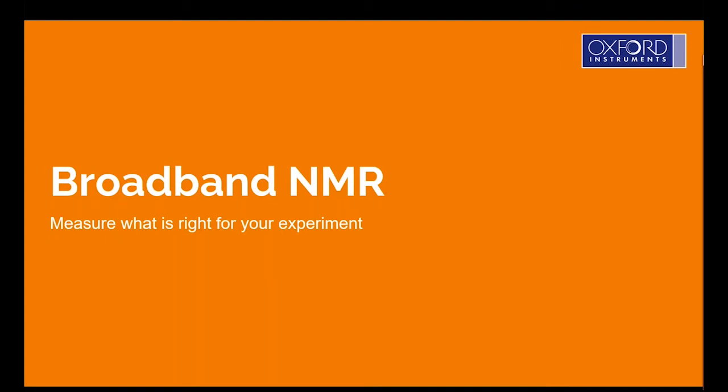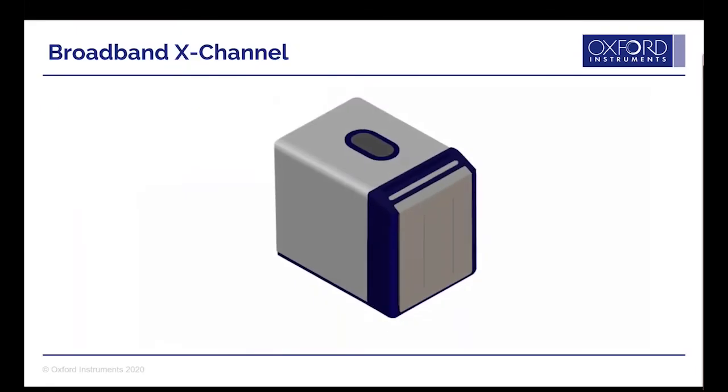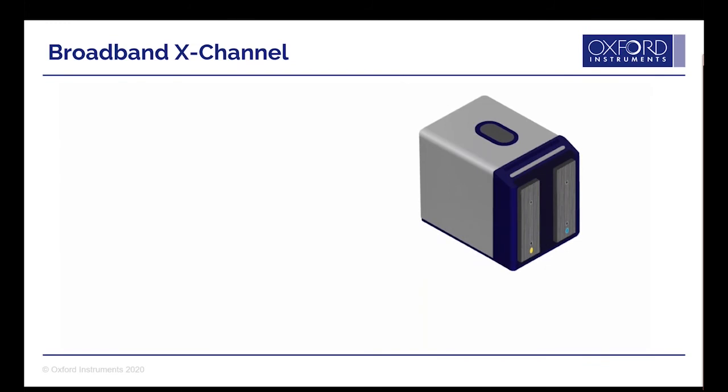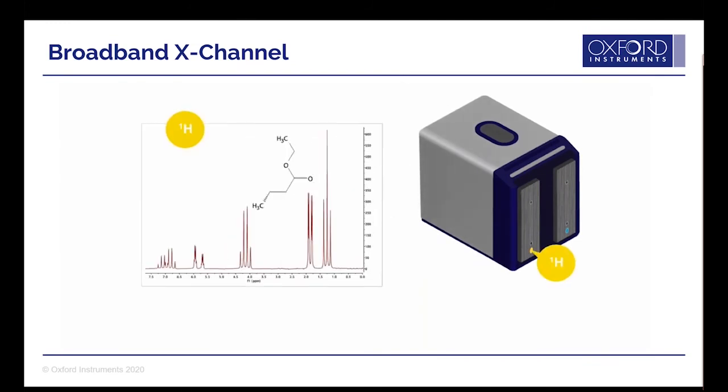What we can now start to do is think about not just the proton channel, but also the broader X nuclei channel. So the X-Pulse system is designed to be versatile and modular. What we have on the front of the system are these X-pods, which can be changed.